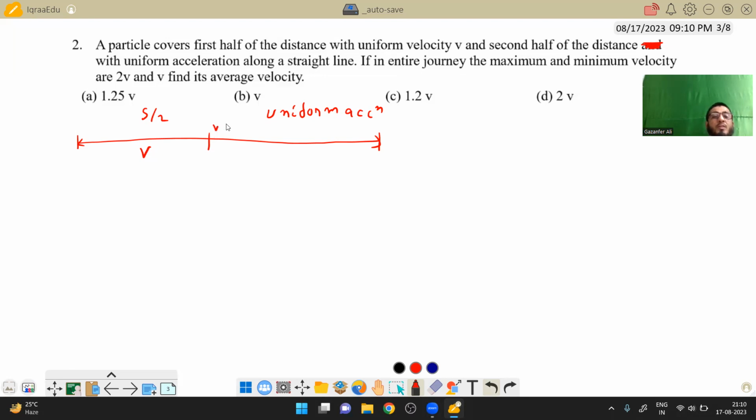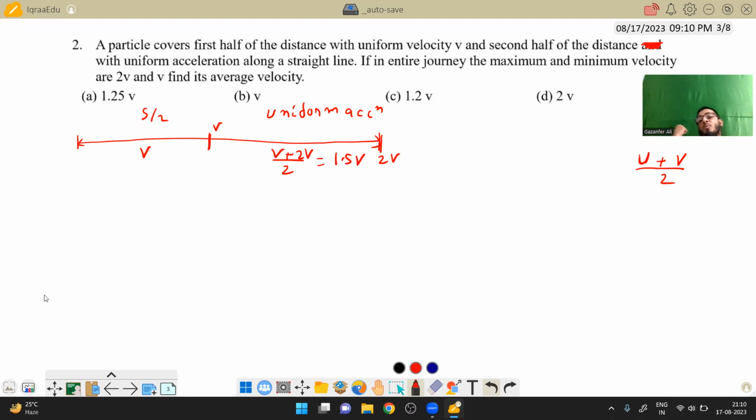That means here it's v, here it's 2v. We know that for a particle moving with uniform acceleration with initial velocity u and final velocity v, the average velocity is given as (u plus v) by 2. So for this motion, the average velocity will be (v plus 2v) by 2, that is 1.5v.